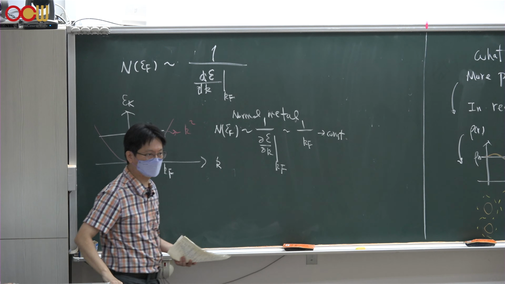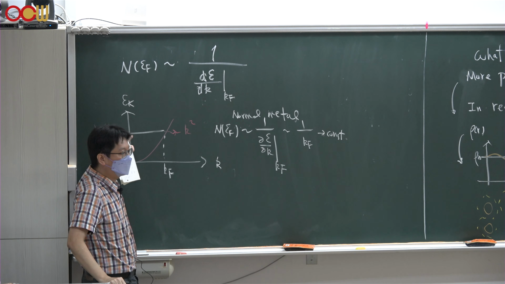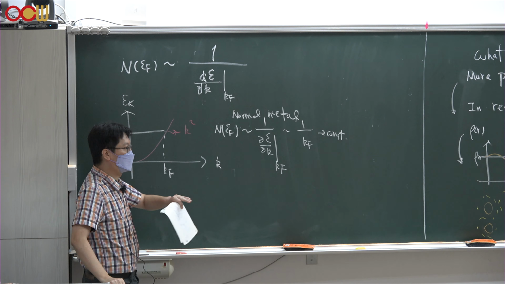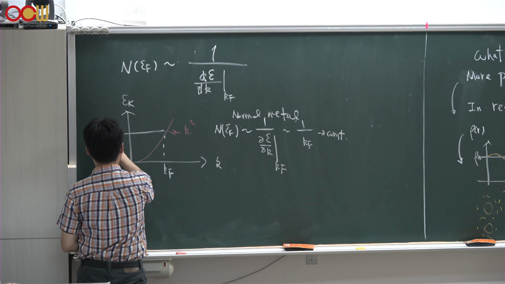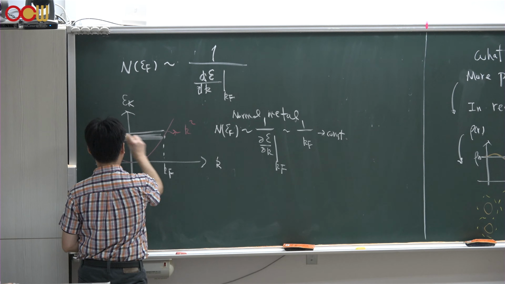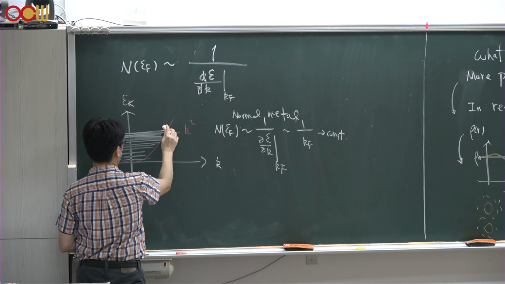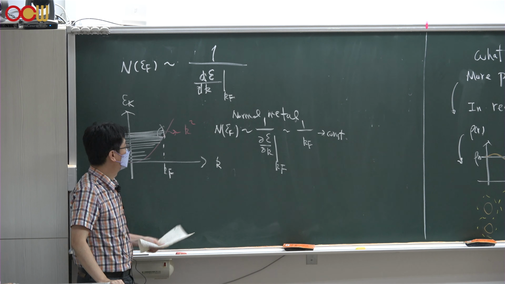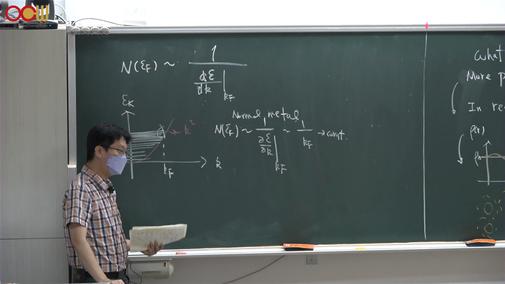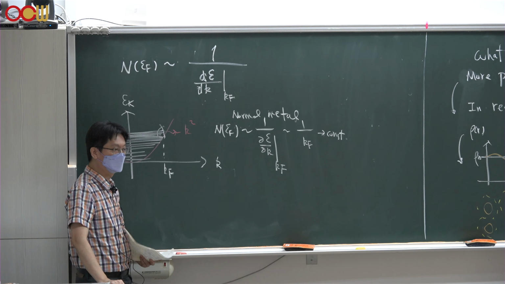And this is what we expect, that this density of states is the number of electron states per energy. So the number of electron states for a quadratic band is actually a constant, very close to kF. And this quantity is actually a constant. So this could be confirmed by experiments.